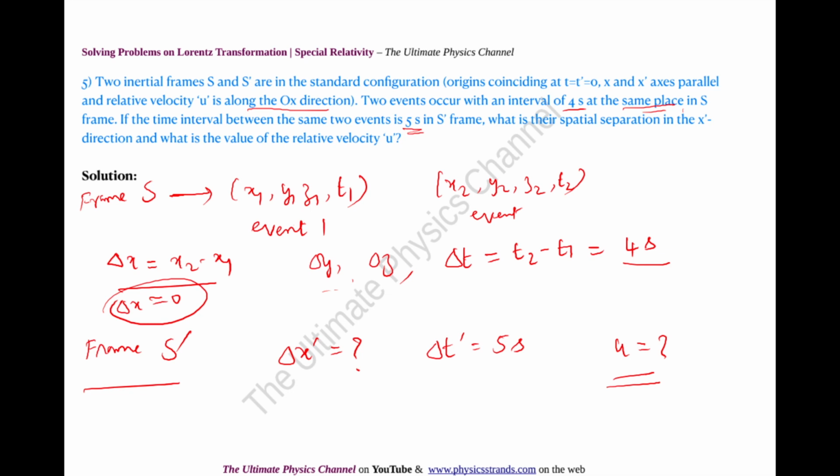You can try to solve this one. Based on the Lorentz transformation equation for x prime, we know that it is gamma times (x minus ut). If we do this for two such events, then we'll have del x prime equal to gamma times (del x minus u times del t).